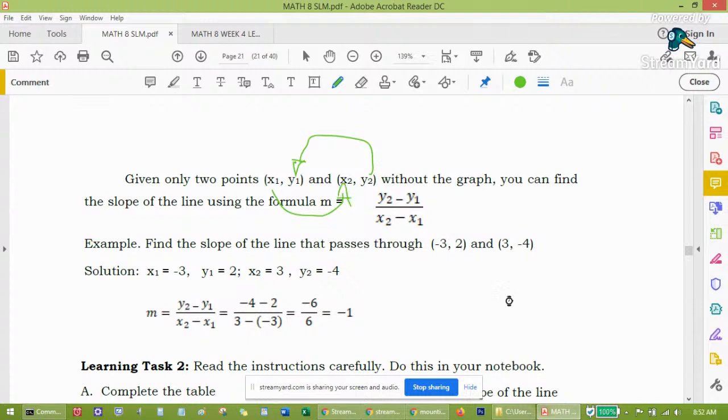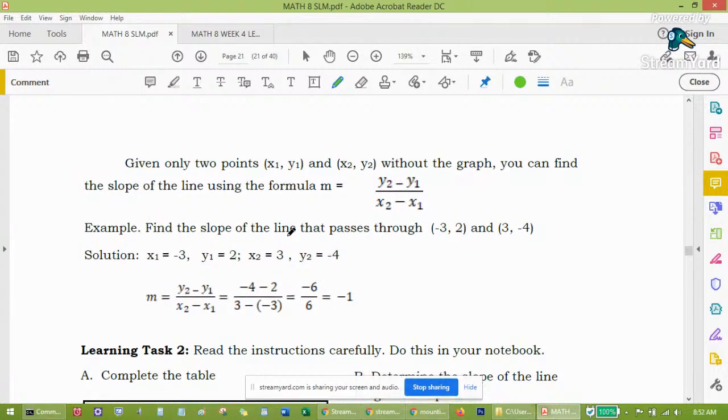Magkakamali kayo ng sagot. Kung y1 minus y2, dapat x1 minus x2. Hindi pwedeng x2 minus x1. Okay, so kailangan isang direction lang sila.